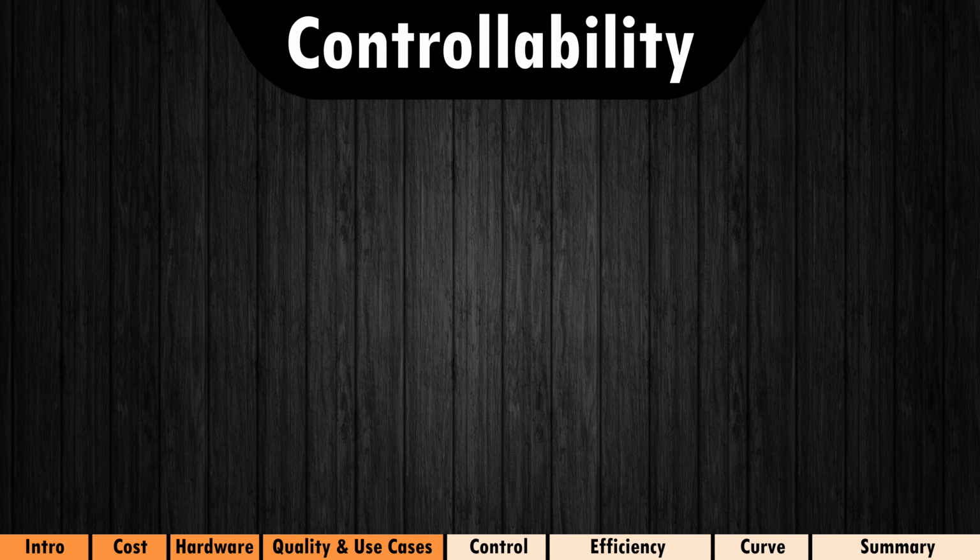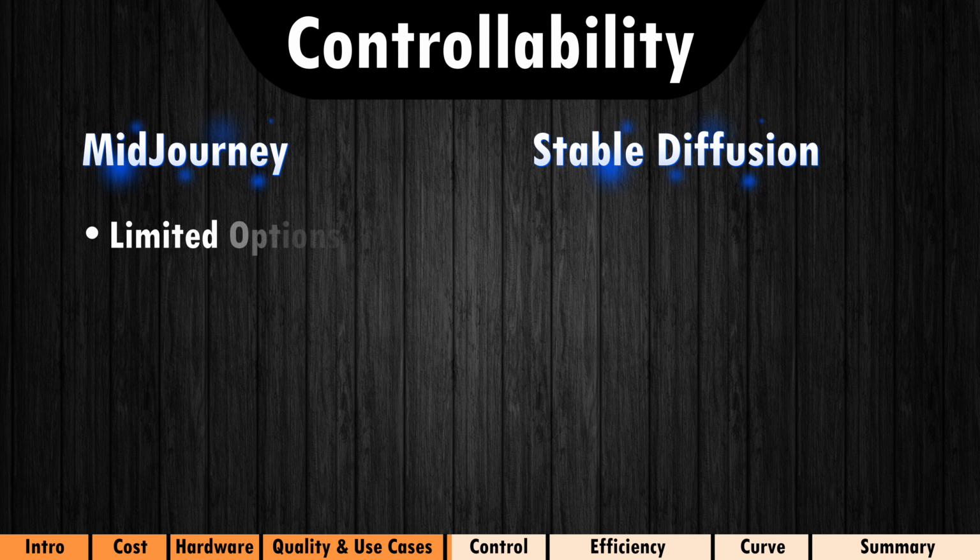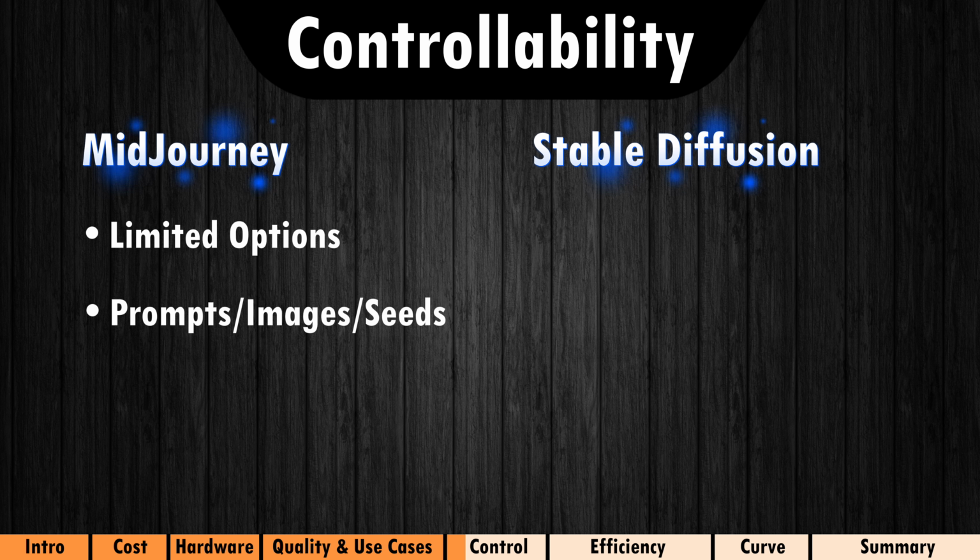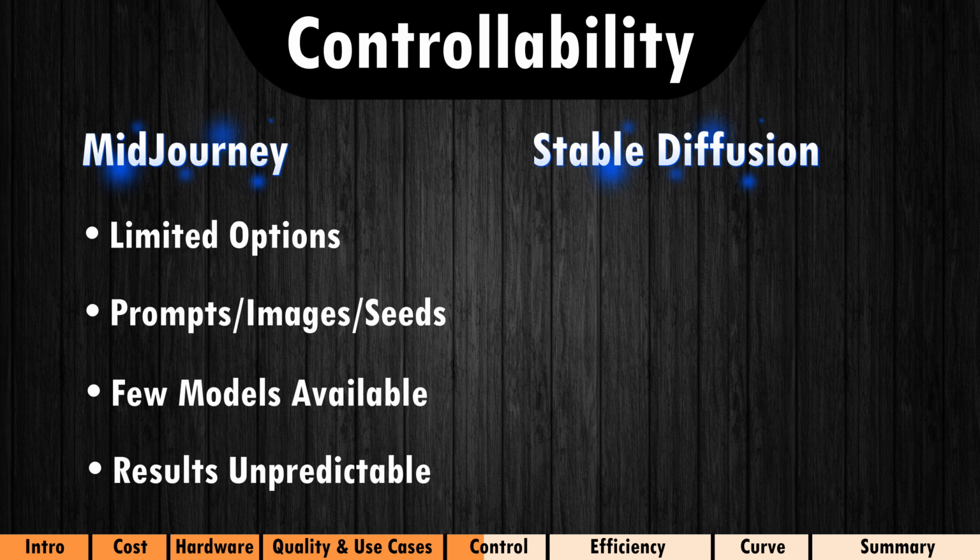When it comes to control, Midjourney offers limited options. The main way to influence the output is through prompts, though you can also use reference images, seeds, and other tweaks. And there are few models to choose from. However, these methods might not always deliver the exact results you want. Stable Diffusion, in contrast, is incredibly versatile.